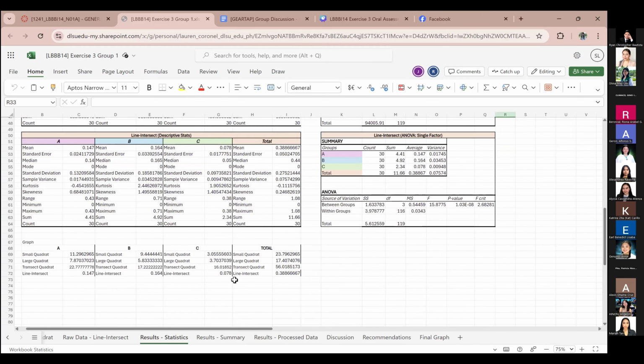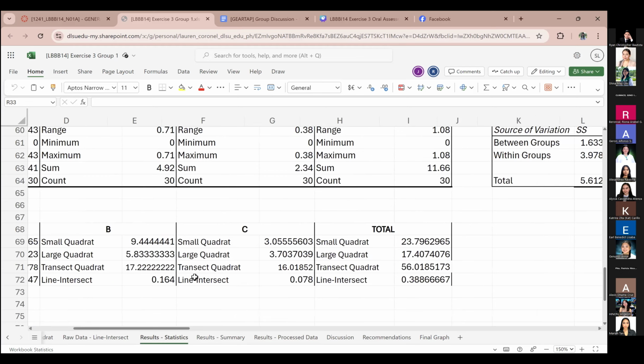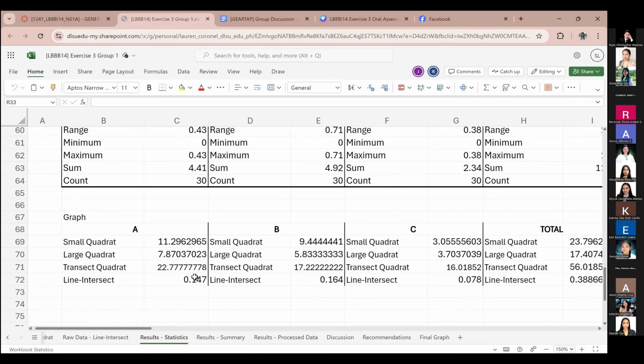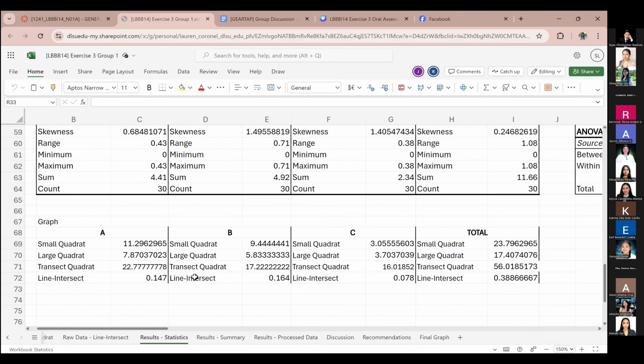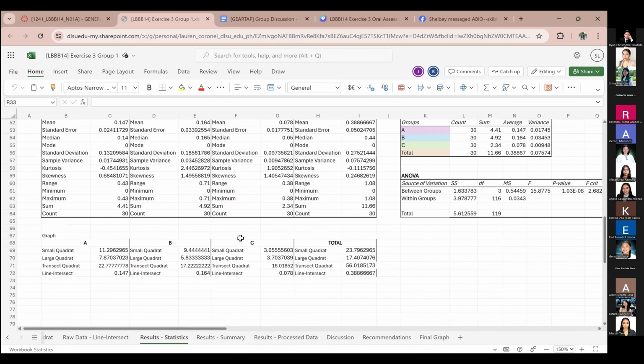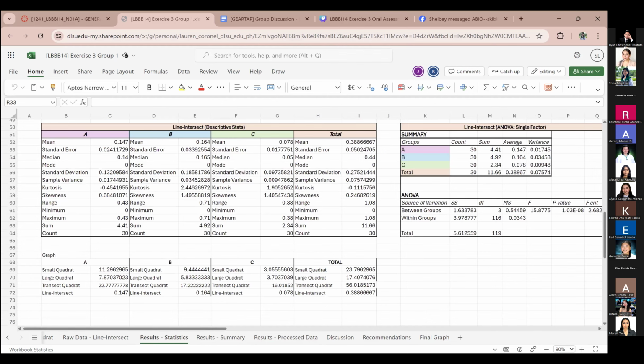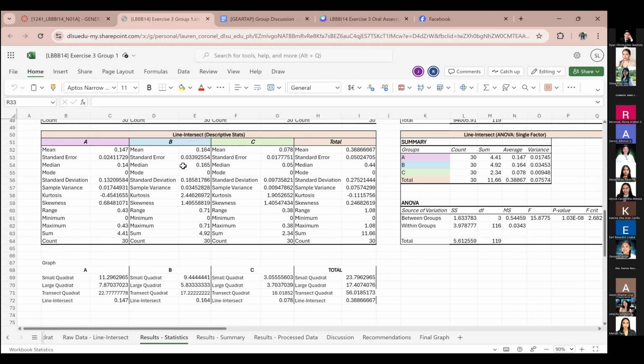This is the stats po for line intersect. It's possible na hindi nila na-convert yan to percent. Instead of being read as 0.147, that might be referring to 14.7. Kasi if that's not percent, that's too small.